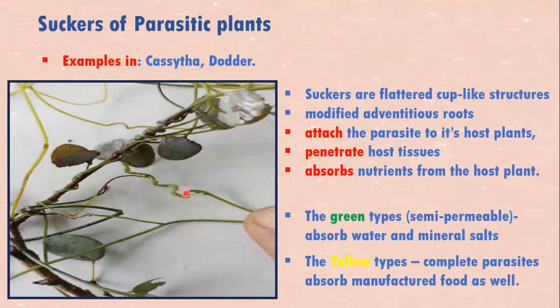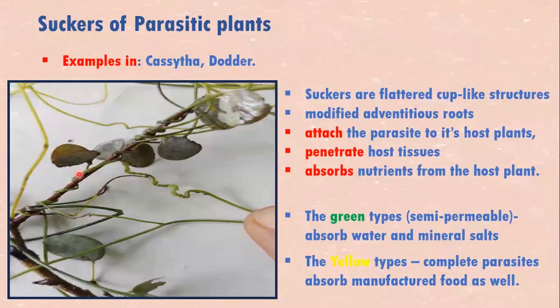This is how it looks. Flattened, kind of a flat cap. All these flattened structures were on the host. This part, for instance, which is twined around the host plant, will have these suckers. These flattened areas that attach onto the host are actually modified adventitious roots.